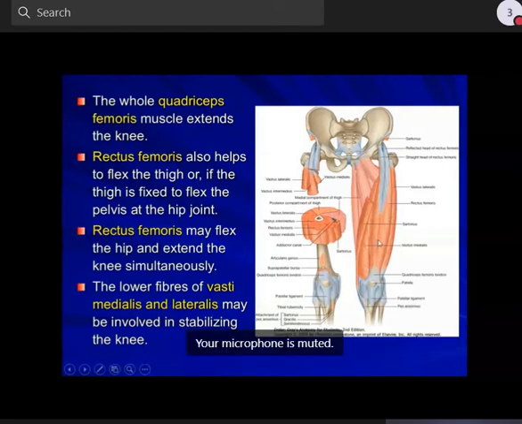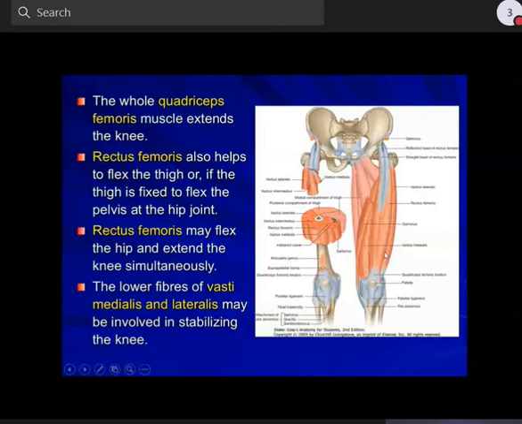the extensor compartment all the time comprises two muscles, quadriceps and sartorius, but the only extensor of the hip is the quadriceps femoris.